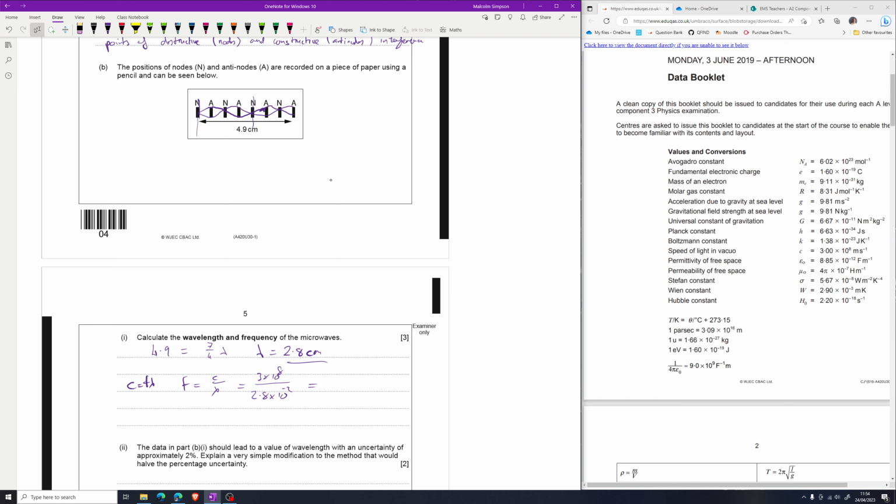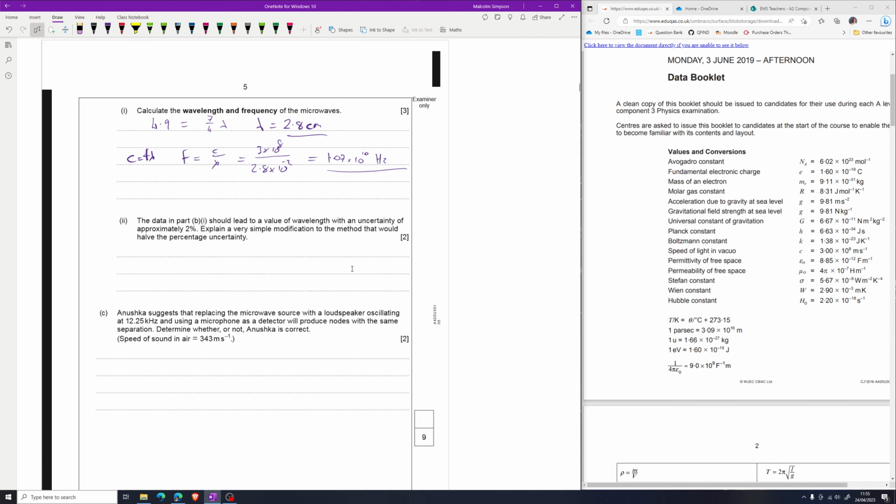That gives 1.1 times 10 to the 10 hertz, maybe 1.07. Let's go 3 sig figs.